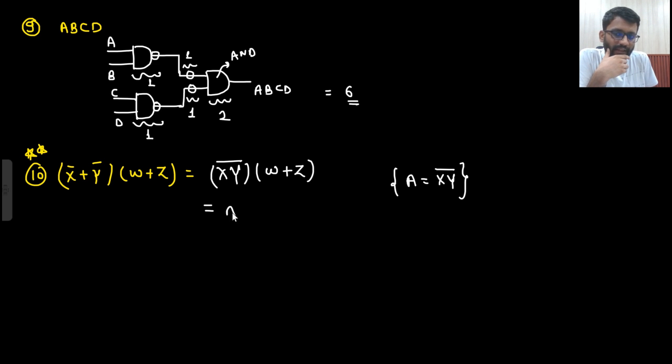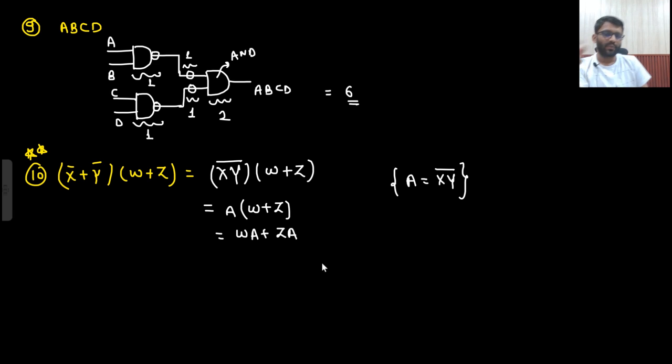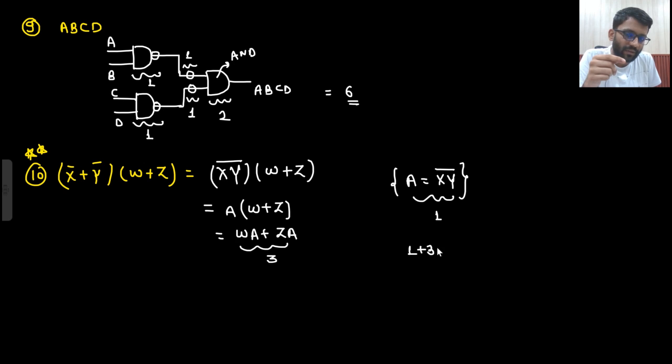So if I assume this A into w plus z, that can be replaced with WA plus ZA. To implement this A, how much will be required? 1. And to implement this, how much will be required? 3. So what will be the answer? 1 plus 3 is equal to 4. So in 4 NAND gates only you will be able to implement it.